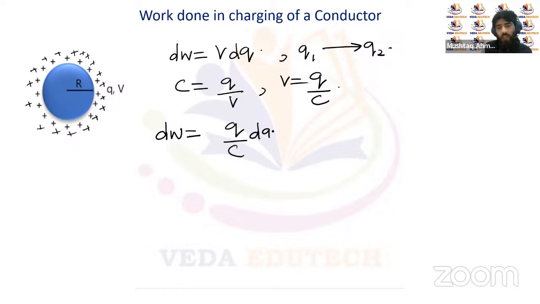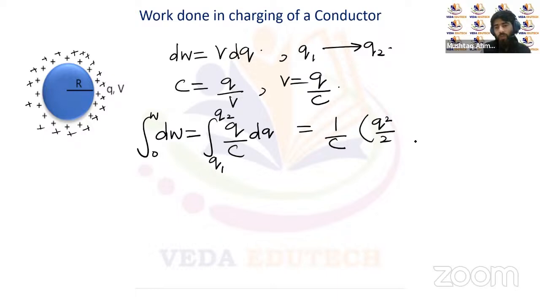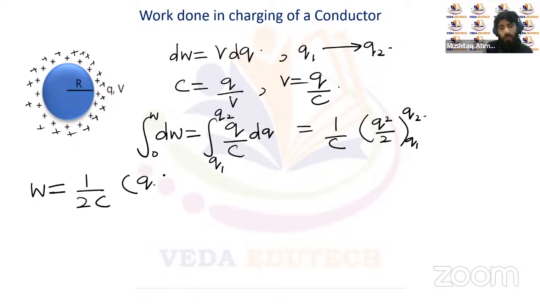Now integrating on both sides, that will be the total work done. With initial charge q1 and final charge q2, the work done will be 1 upon C times the integral of q dq, which is q square upon 2, with limits q1 to q2. So the total work done will be 1 by 2C multiplied by q2 square minus q1 square.